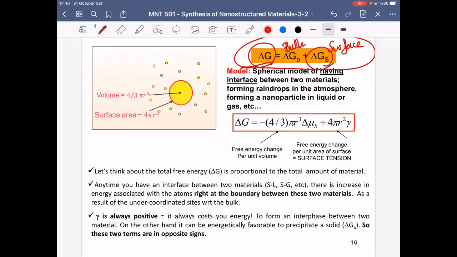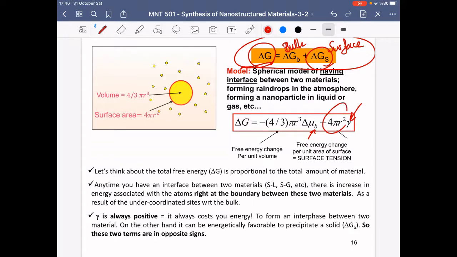If you want to define this in a more detailed way, you know that I have the chemical potential of the bulk and the surface. This is the chemical potential of the bulk form, which is affected by all the supersaturation levels and so on, the temperature, the pH, the impurities, whatever. And then this is affected by the surface tension.